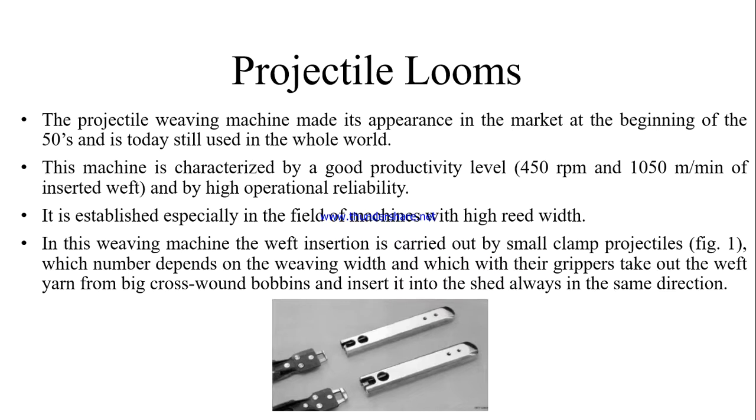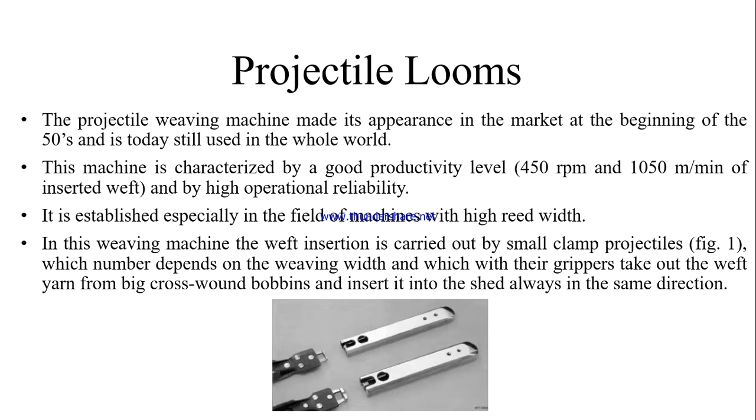It is established especially in the field of machines with high reed width. Where a high reed width is required means you need to produce wider fabric. For example, in some cases, bed sheets. The width of bed sheets is much higher than that of normal cloth such as sari, or the fabric used for suiting satin.